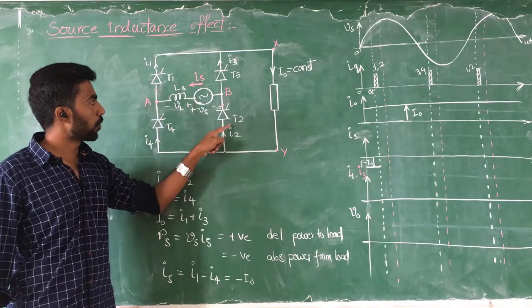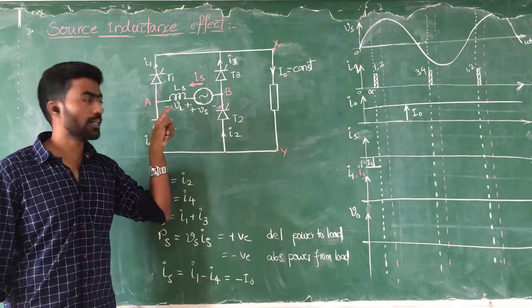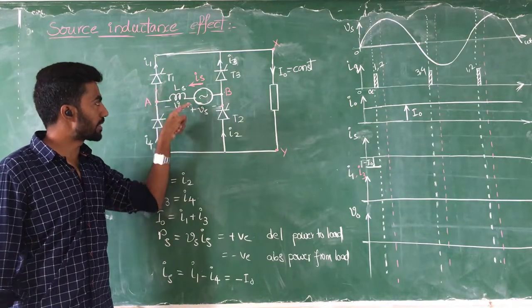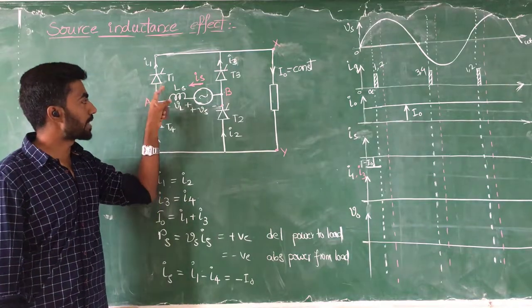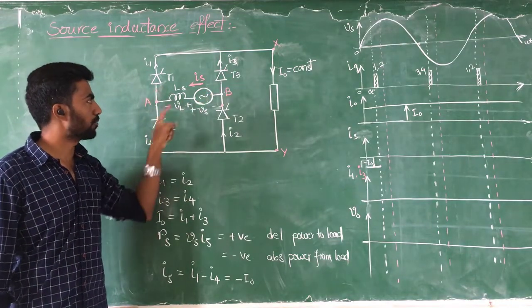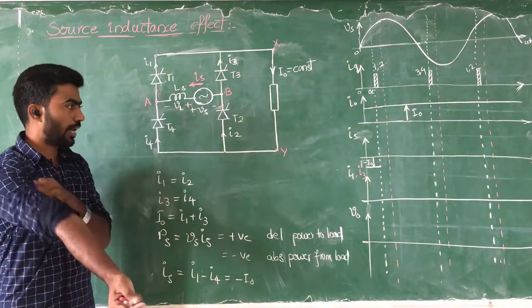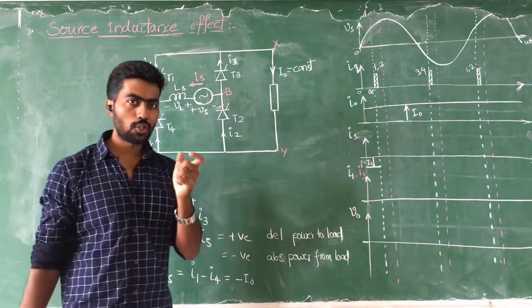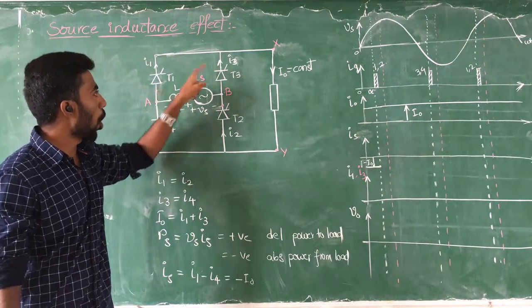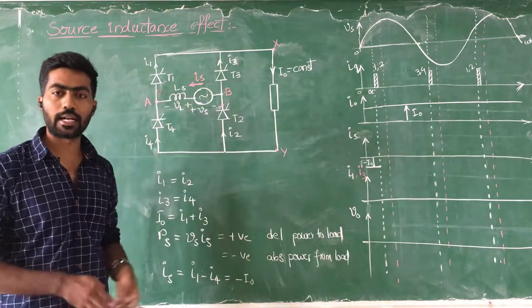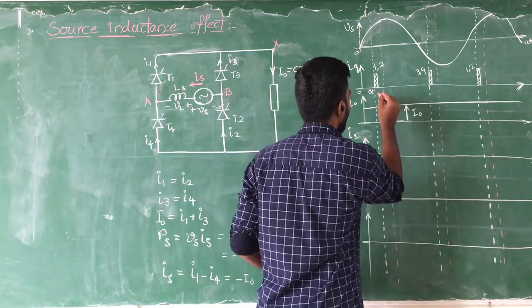Now it has to flow from B to A, but the inductor will not allow a sudden change of current. So this transition period is the overlap period, and in it all four devices conduct.